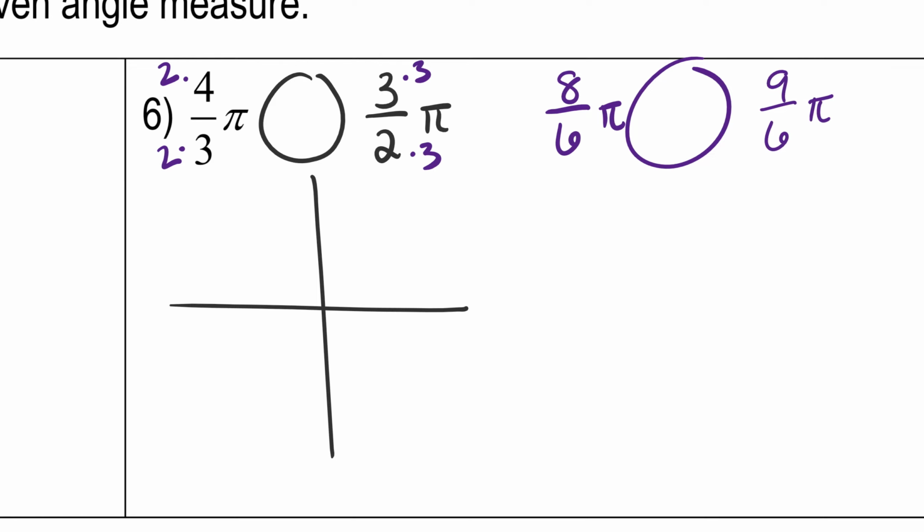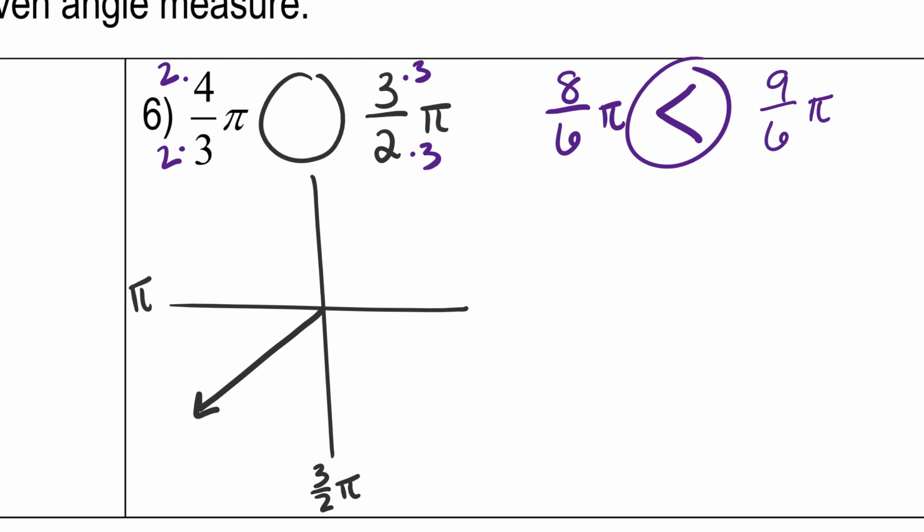Now we can see 9 is greater, which means 8 over 6, or in this case 4/3 pi, is less than 3 over 2 pi and greater than pi. So I'm somewhere in quadrant 3.